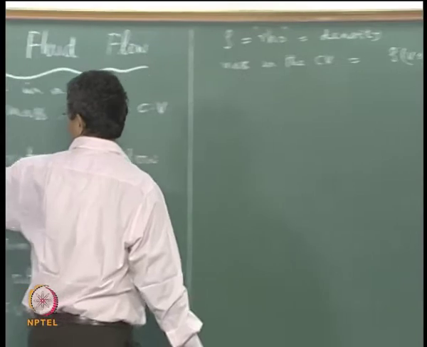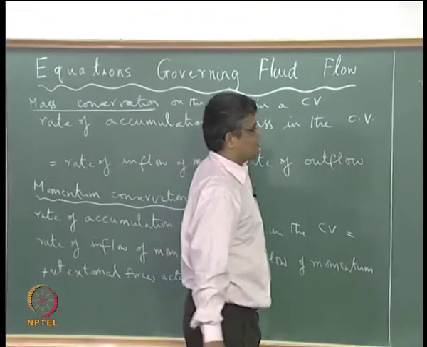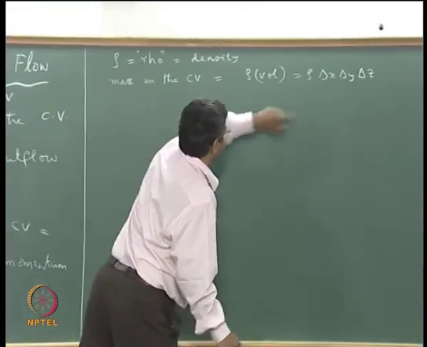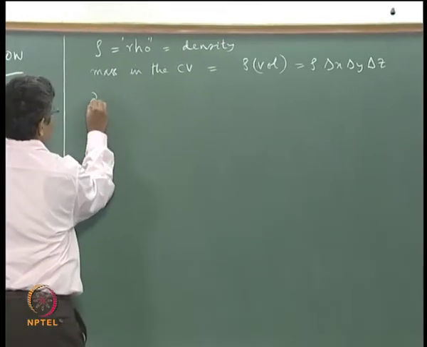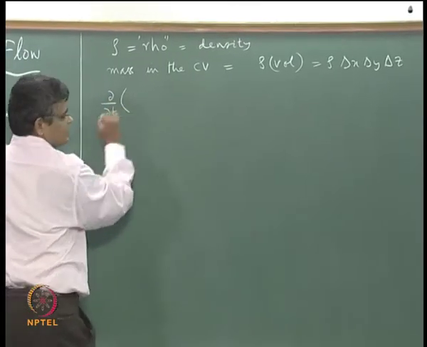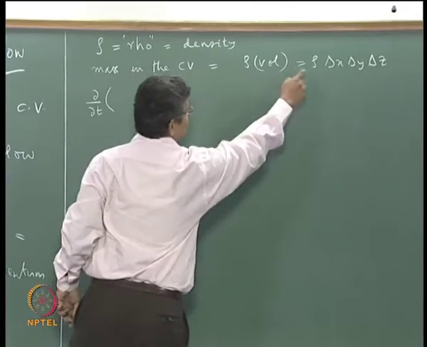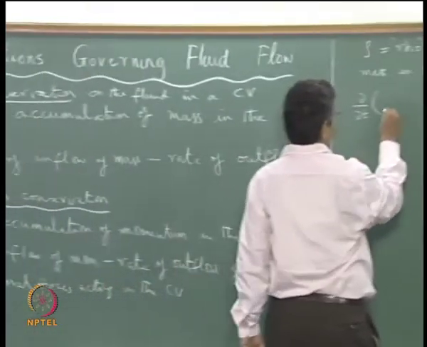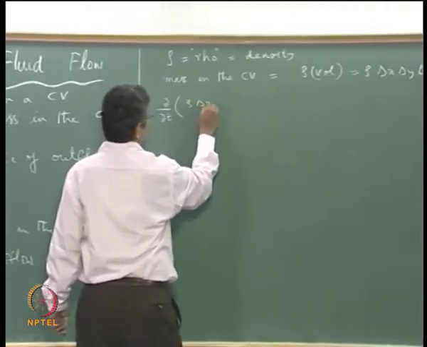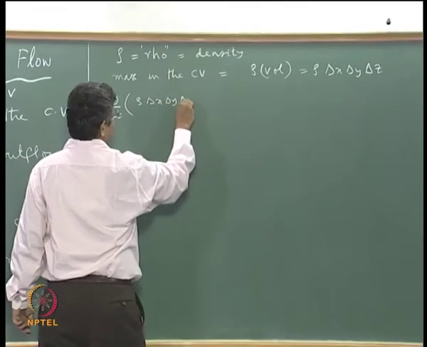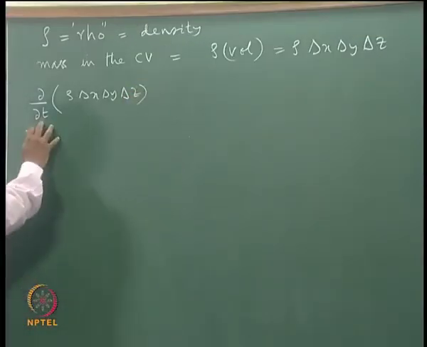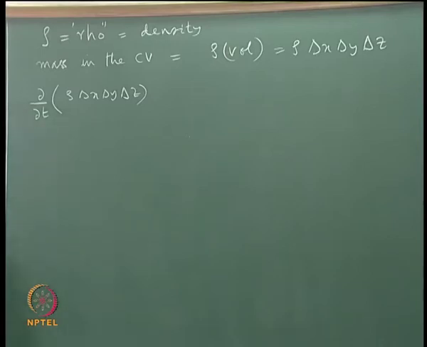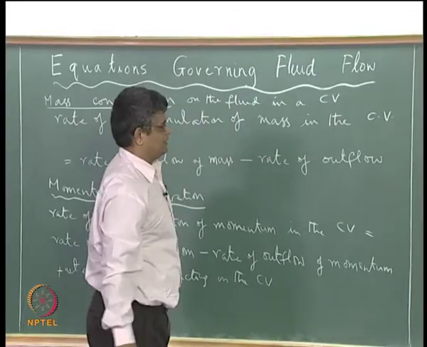So now we can say the rate of accumulation of mass within the control volume can be represented as the variation with respect to time of the mass within the control volume, rho times delta x, delta y, delta z. This particular term represents the left hand side of the mass conservation equation.